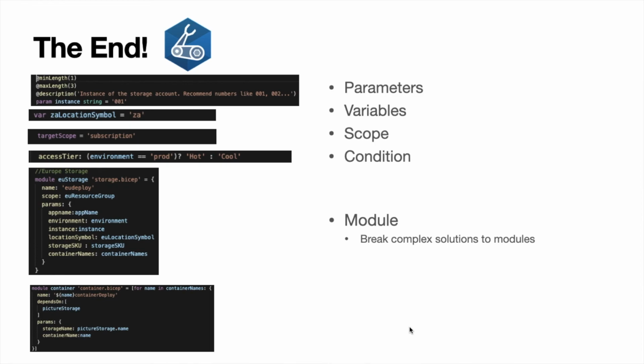We also learned something about iterations. We managed to create 3 containers using this code, also referencing this container.bicep file.